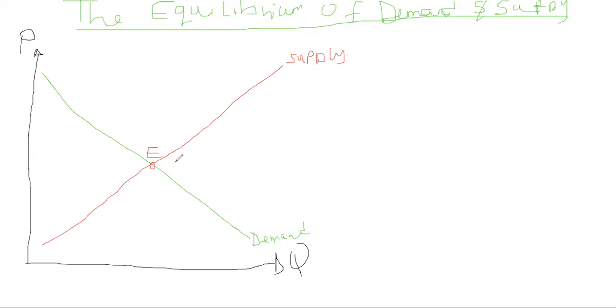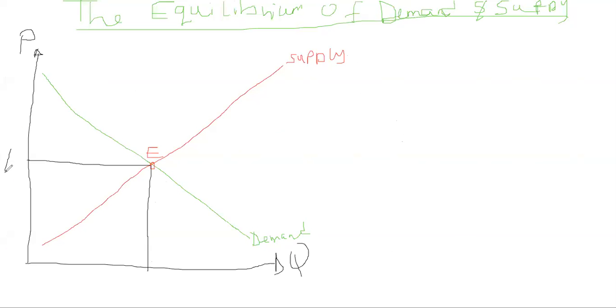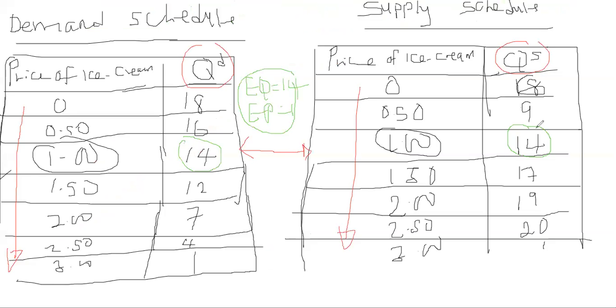So at the equilibrium point, we will have 2 other points. We call them the price, which is this, and the quantity. We know that the price was 1. If you look at the table here, it is the same as here for the supply schedule. So we have our 1 here. Then the quantity, we all know the demand was 14 and the supply was 14.